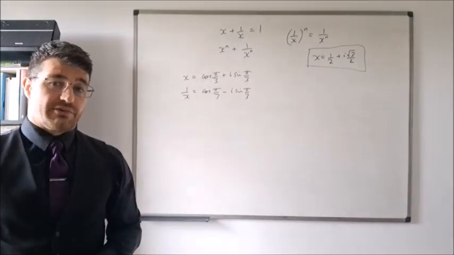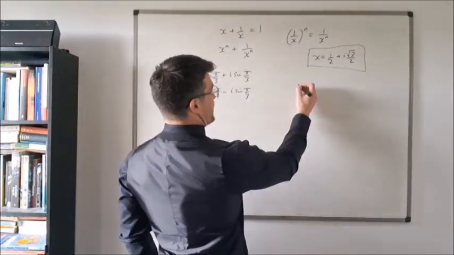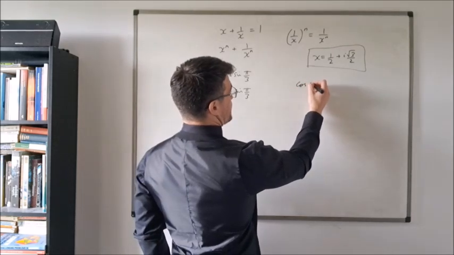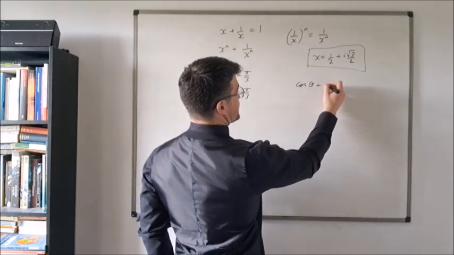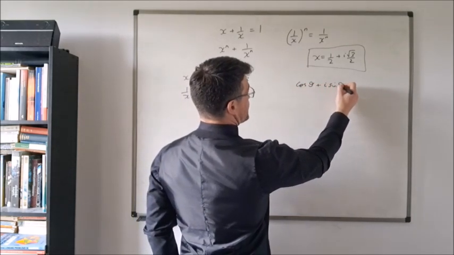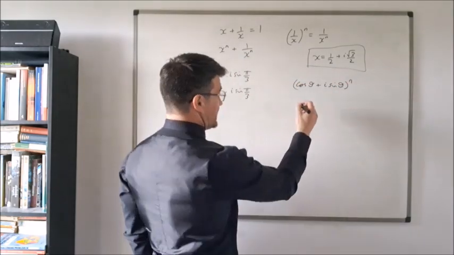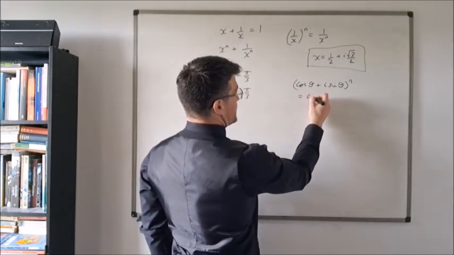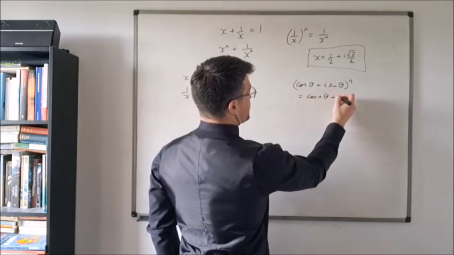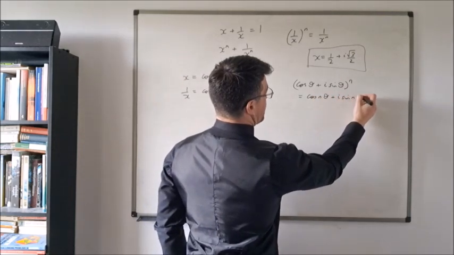And now we can use De Moivre's theorem. De Moivre's theorem says that (cos theta plus i sine theta) to the power of n, where n is an integer in this case, is equal to cos n theta plus i sine n theta.